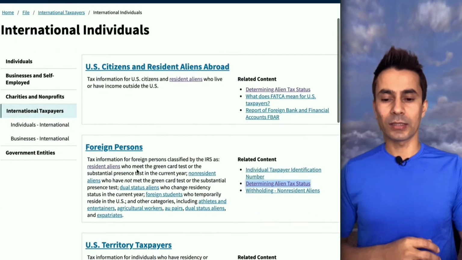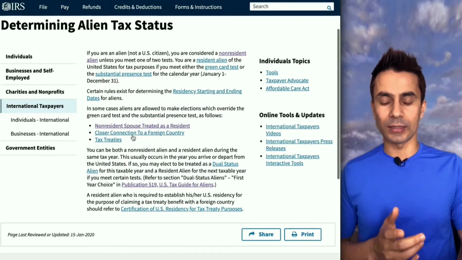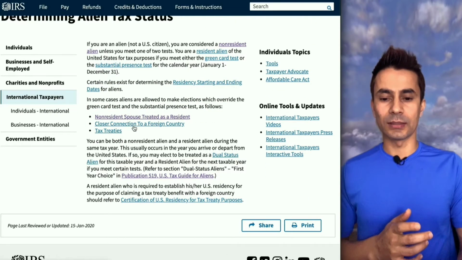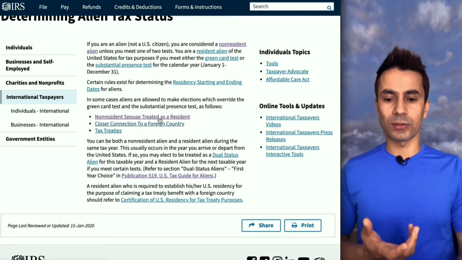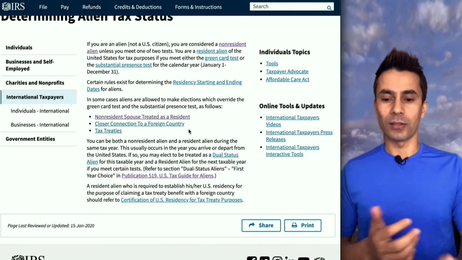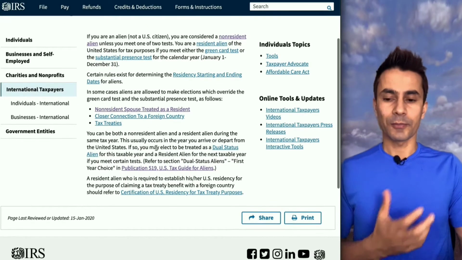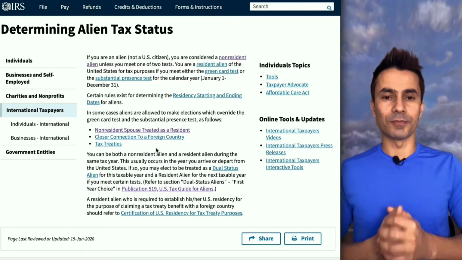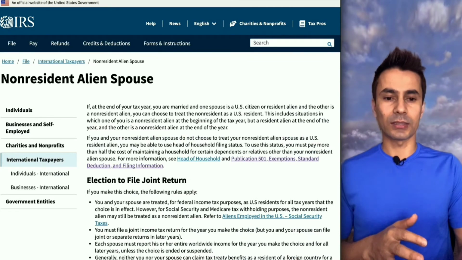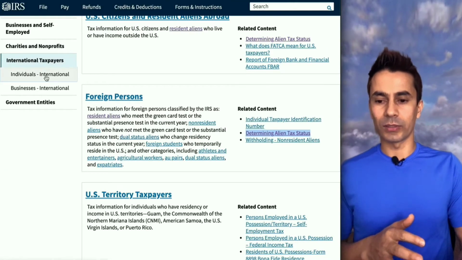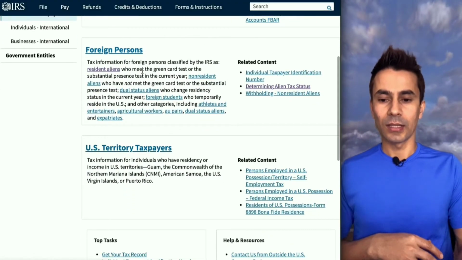If you are related to US tax laws somehow, then you have to file the taxes. It mentions different kinds of status: non-resident, spouse treated as resident, or a closer connection to a foreign country, tax treaties, and business related things, or there are so many other things you can think of. If you navigate through the links, you will see all these details.